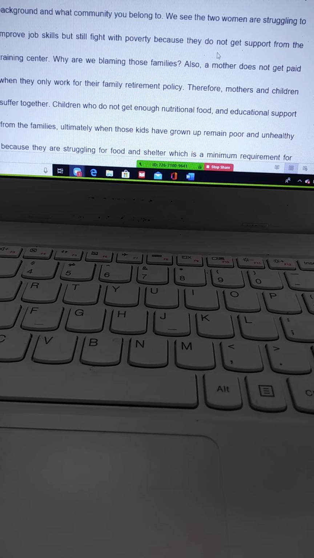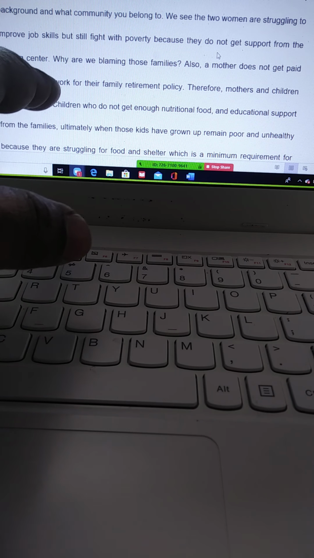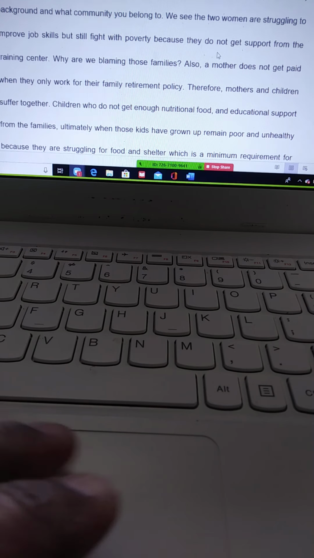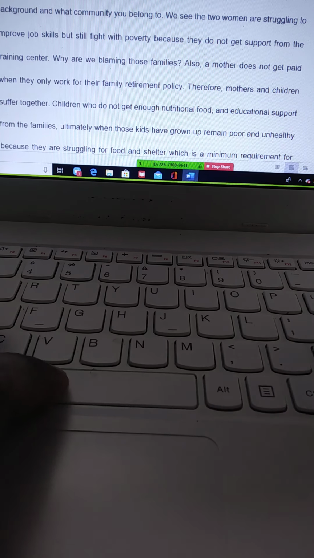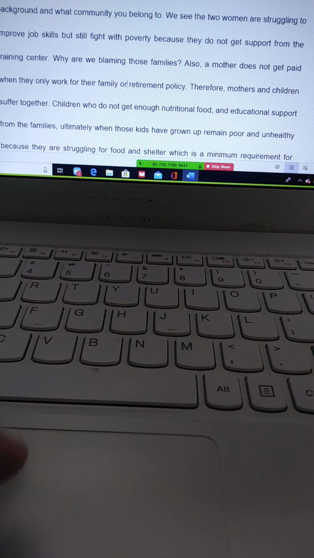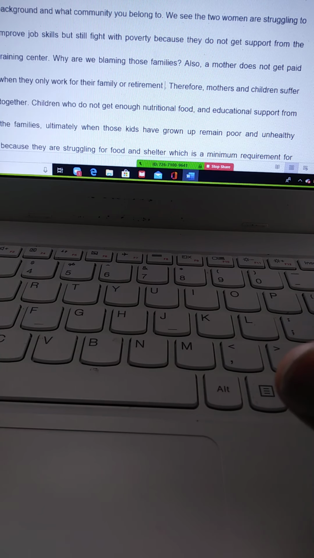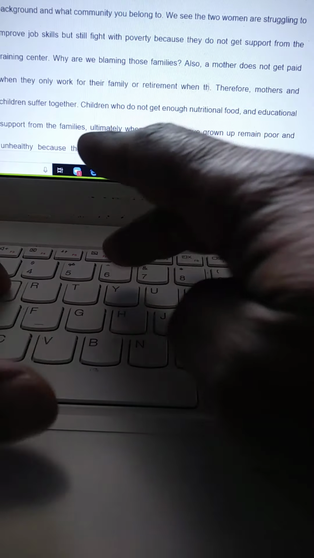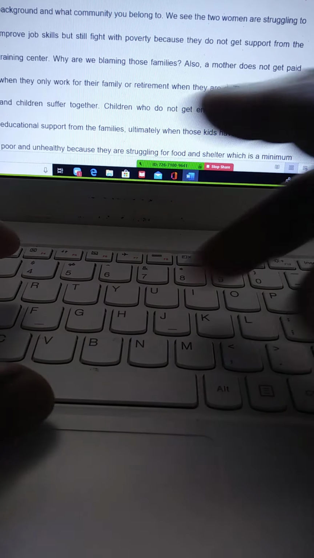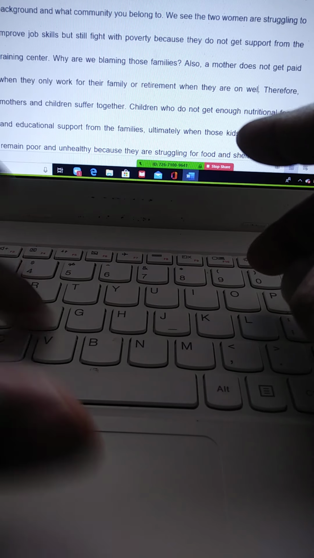So when you say a mother does not get paid when they work for their families, I added that. Is that what you meant? Yes. That's perfect. So you're saying that when they're on welfare, or retirement, the benefits go to the man.